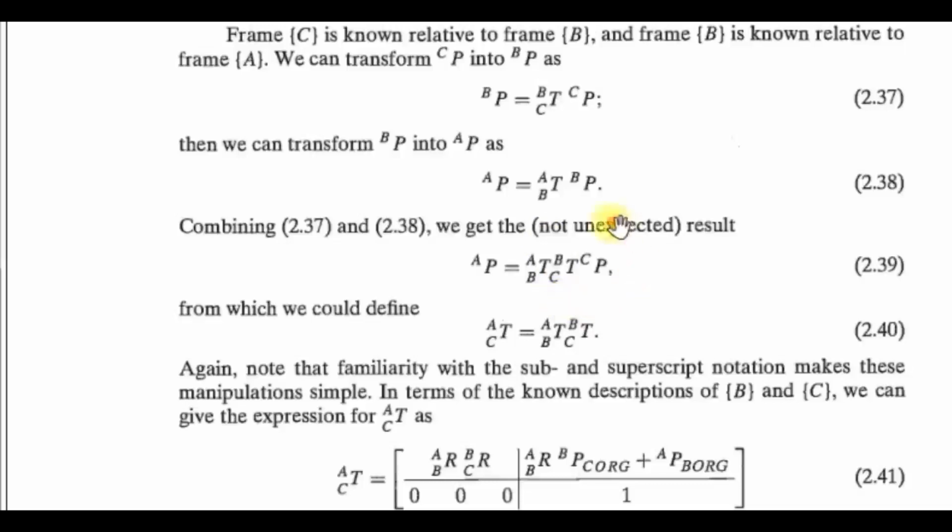So first this portion and this portion. Using the matrix multiplication, look at this, we calculate first this and then this. Then ATB, then put the value of BP, that is BTC into CP. So this is the result.